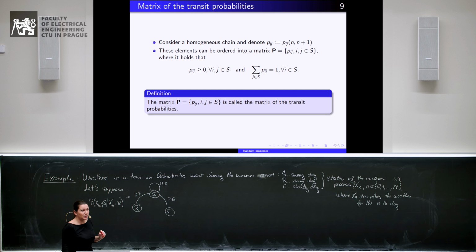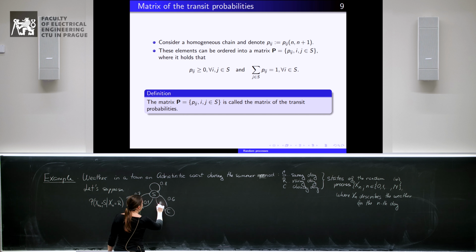If there is a sunny day with probability 0.1, it will be rainy tomorrow. And with probability 0.1, it will be cloudy tomorrow. And now if there is rainy, it will be rainy tomorrow with probability 0.2.